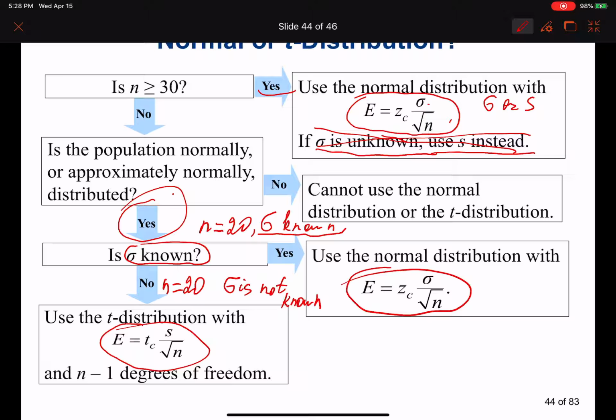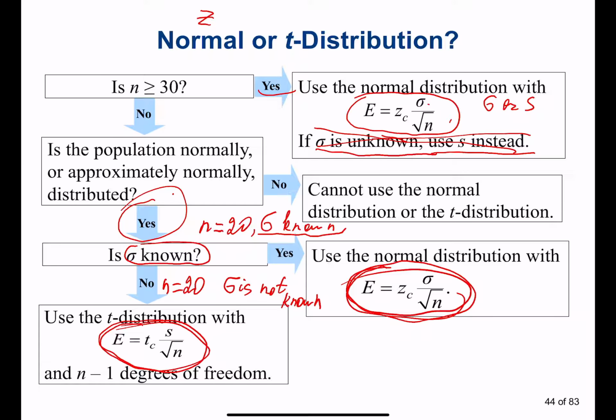So one more time, when sample size is less than 30, it can be either z-score or t-score. If sigma, the standard deviation of the population, is given, then you still successfully use the z-critical. If sigma is not known with a small sample size, then you use t critical. All right? This is your algorithm for figuring out when you use z critical and when you use t critical.